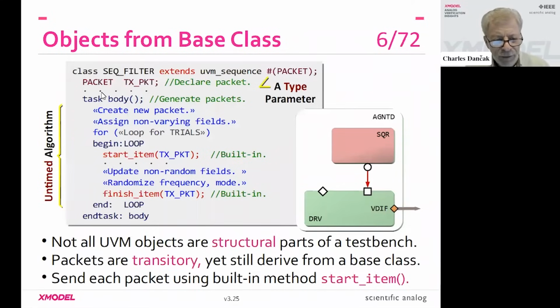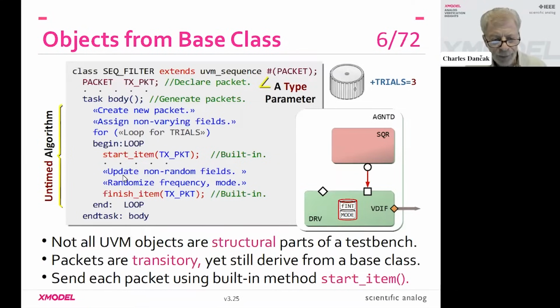And most of the action is inside of this body task. It's an untimed algorithm that generates a series of packets. And we'll use knobs from the command line, in this case 3, that sends 3 packets from sequencer to driver.